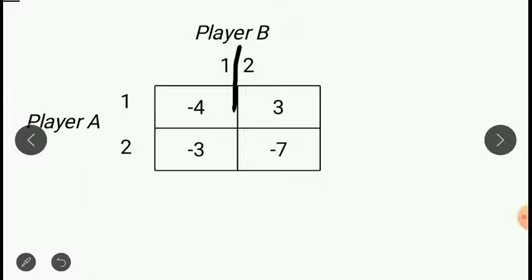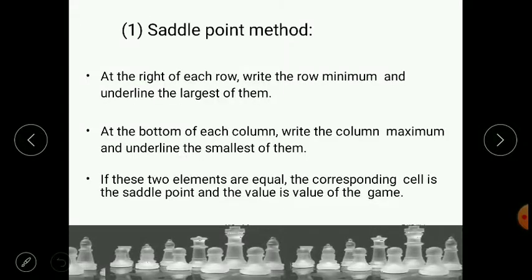Now, taking this as an example, if you go back to our previous slide, we have to write down the row minimum. We have to write down the row value which is minimum on the right of each row, and maximum value has to be written at the bottom of each column.